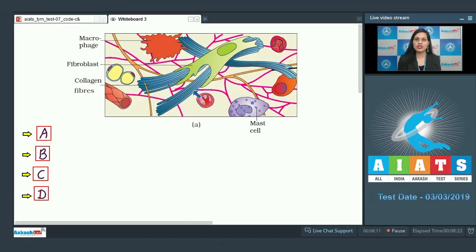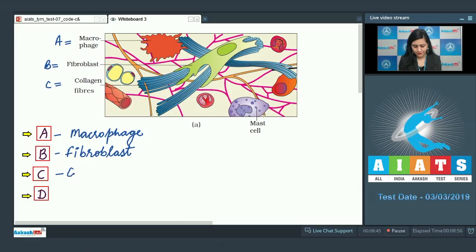This is a diagrammatic sketch of connective tissue which is also given in your NCERT book, in which A represents macrophages, B represents fibroblast cells, C represents collagen fibers, and D represents mast cell.